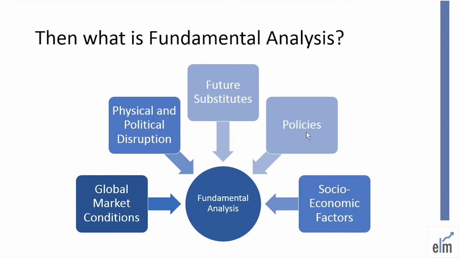This is not a very exhaustive list. Depending on that particular commodity, the factors that go for gold will be very different from that of copper. So depending on the particular commodity, there will be different factors for understanding that commodity fundamentally.